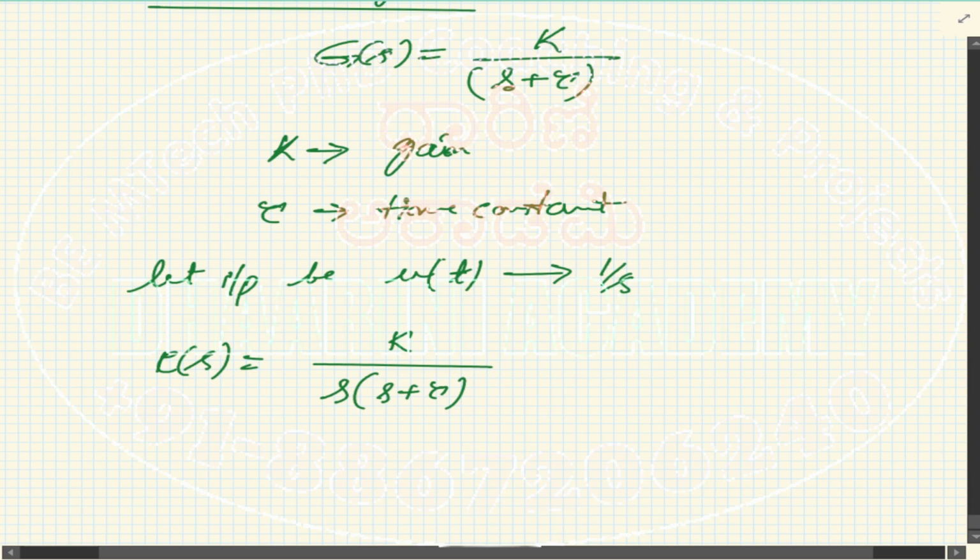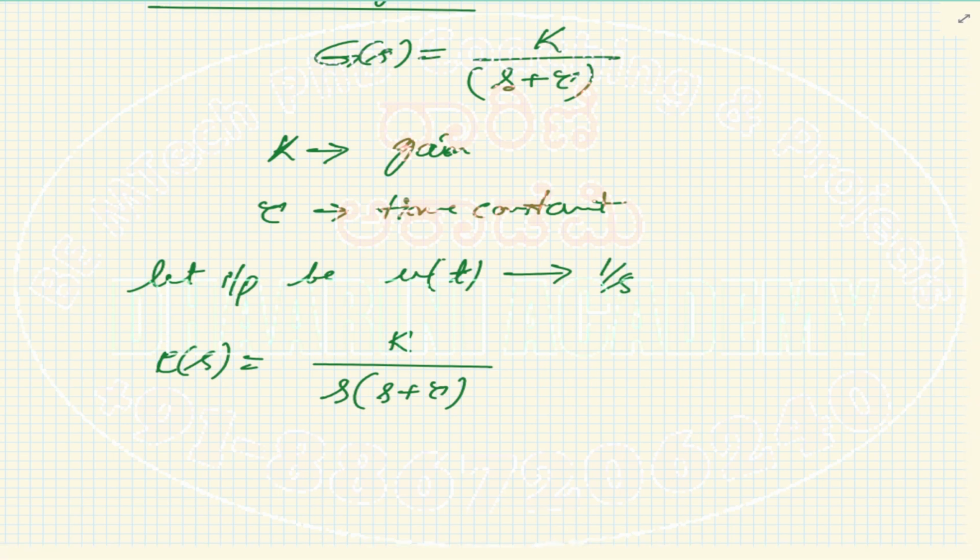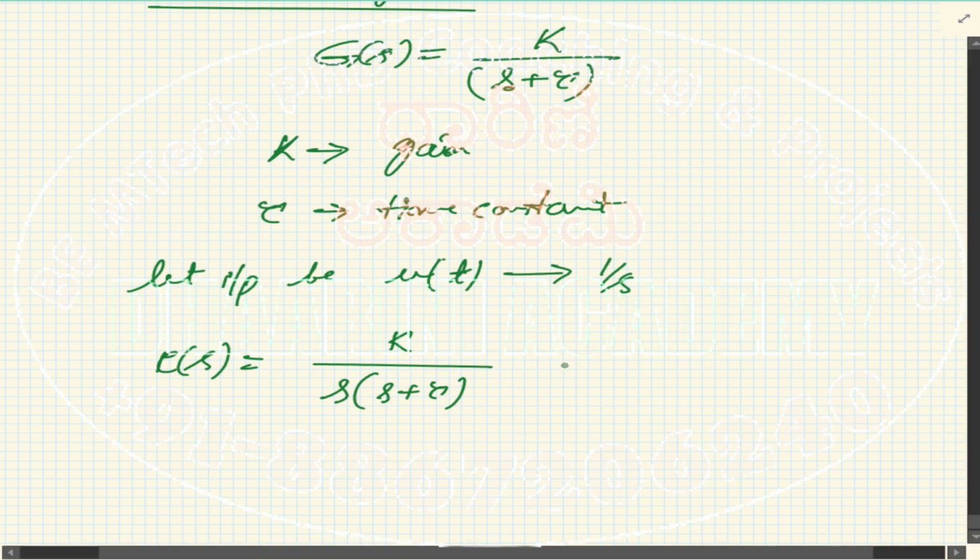So normally we get two terms at the output, that could be something like a by s plus b by s plus tau. Write the equation c of t.